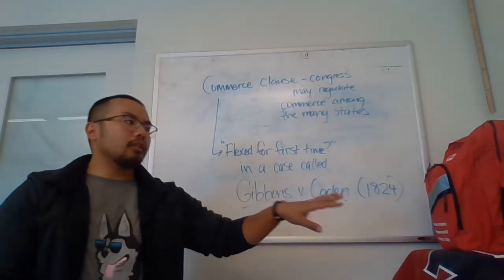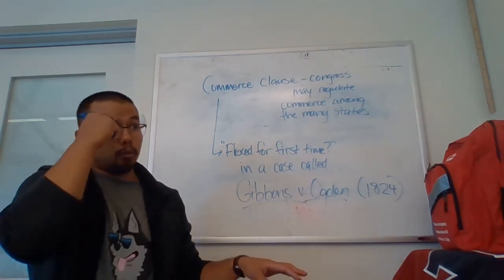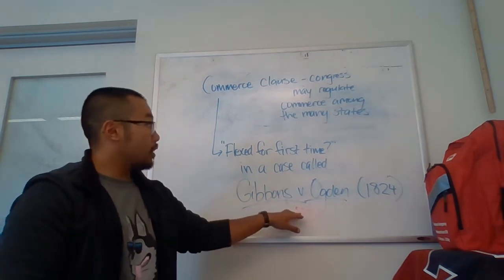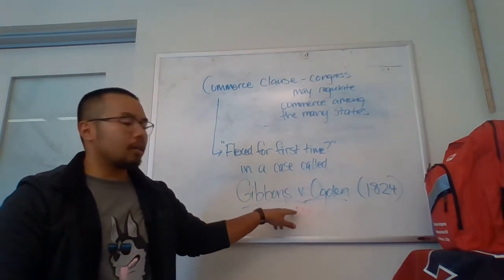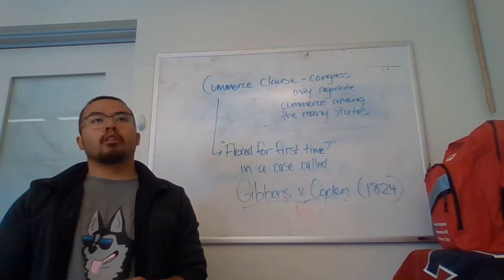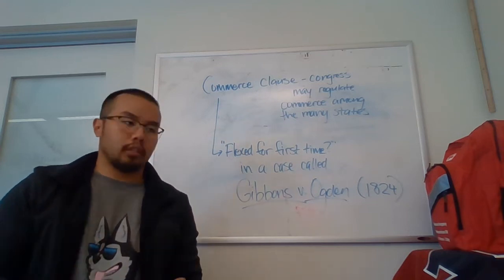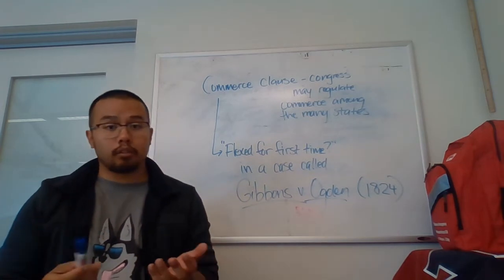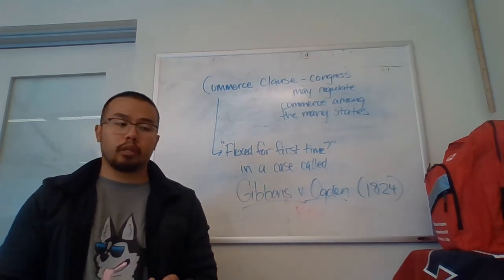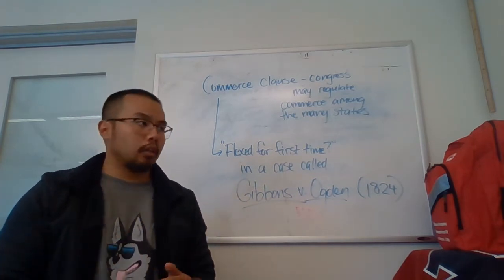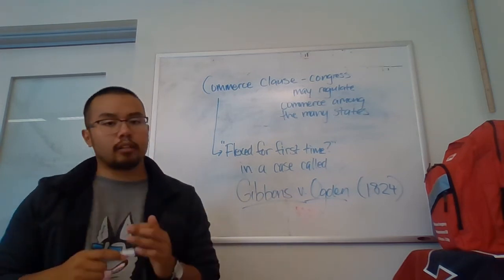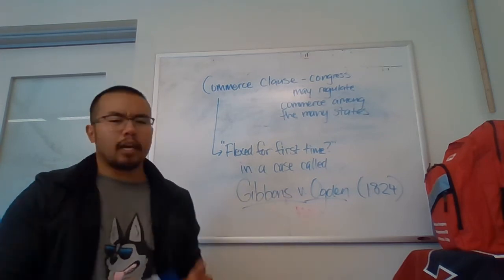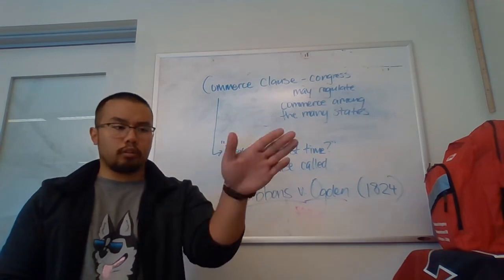And it dates back to where the Supreme Court solidified this power in a case called Gibbons v. Ogden. And so I'll tell you the story of the case. Gibbons was a dock owner in the state of New York. And New York had decided to give Gibbons a monopoly over the docks.